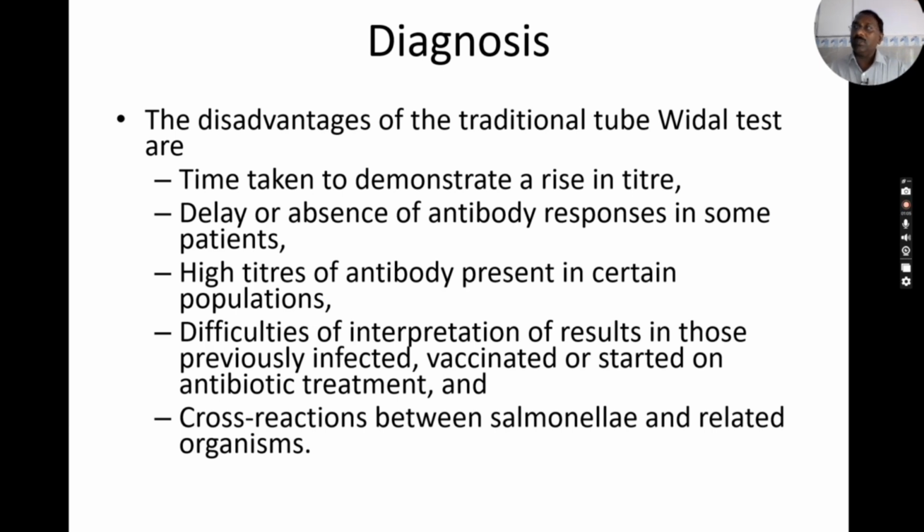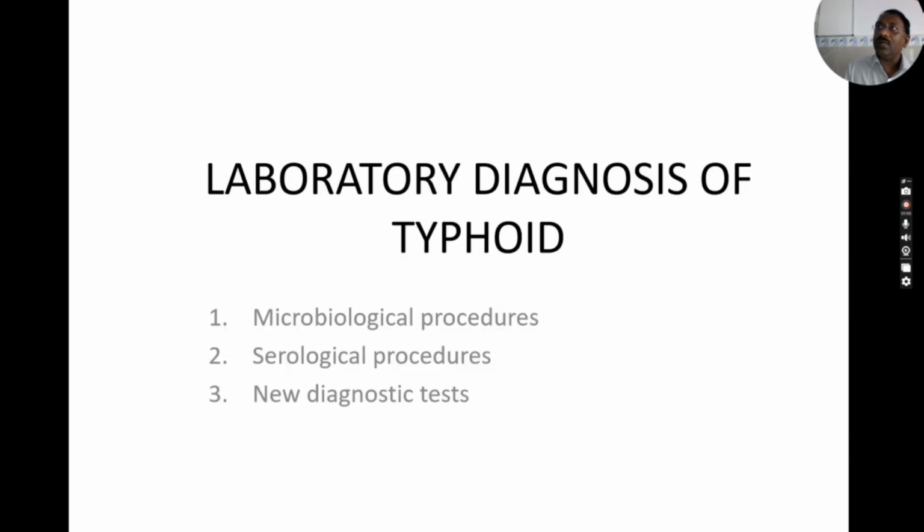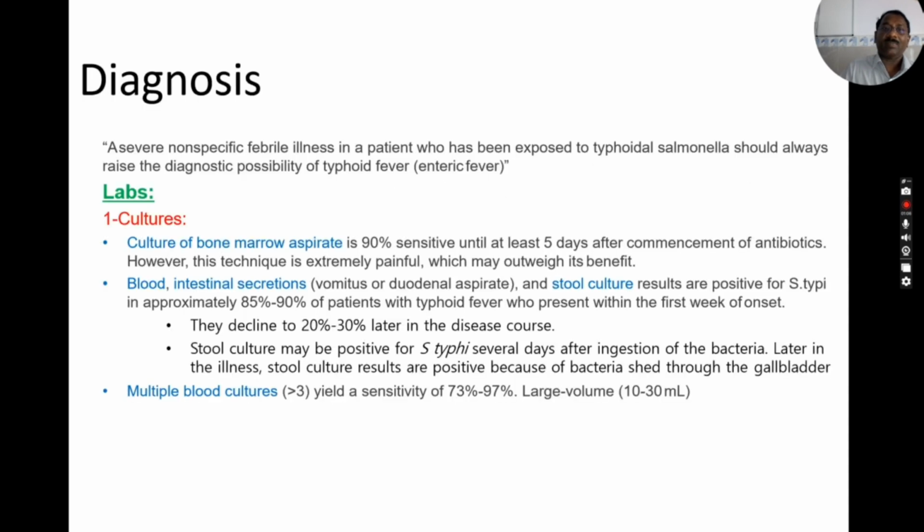So even though the patient is not suffering from Salmonella, maybe other related organisms also cause Vidal positivity, even though the patient is totally asymptomatic. And sometimes Vidal remains positive this month, next month, and after 2 or 3 months also, even though the patient is afebrile and away from the infection.